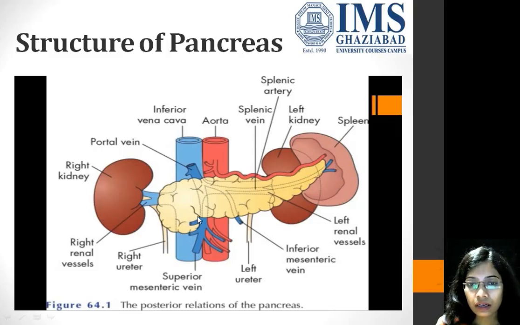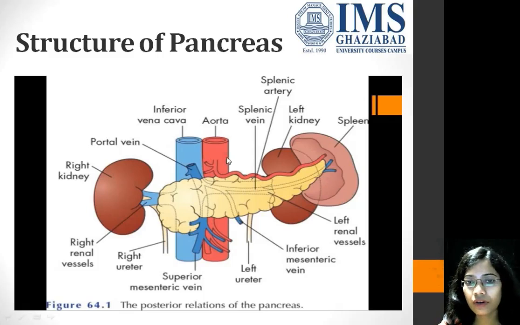Basically, the pancreas is divided into three parts: head, body, and tail. The head part is J-shaped, and it is embedded in the stomach and then small intestine, and then comes the body part, and then the tail part.